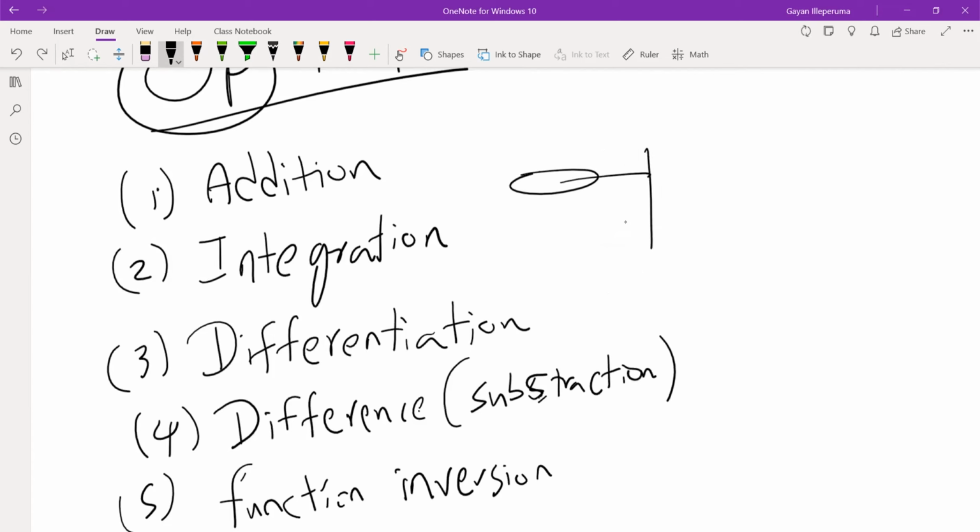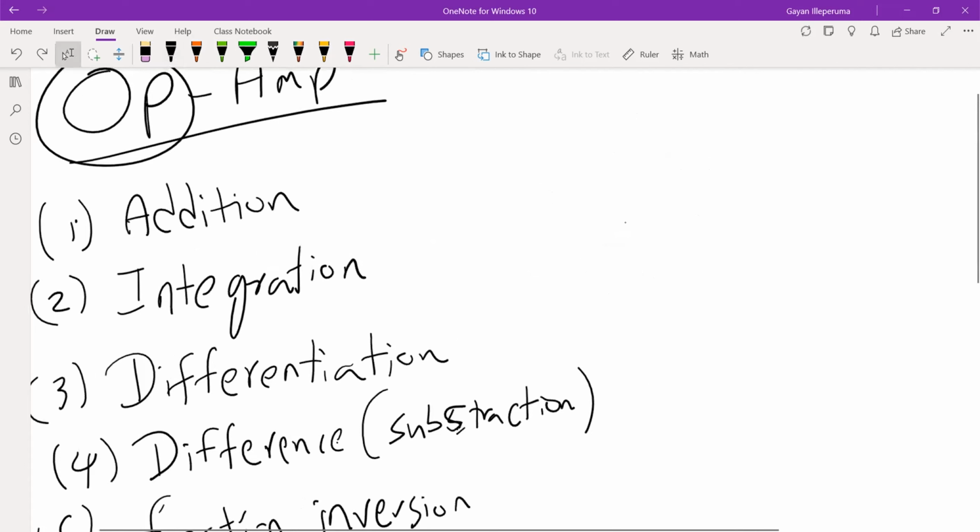Or maybe you are doing some kind of filtering. Or let's say you are trying to calculate the total power absorbed by a particular circuit. You want to design a meter.